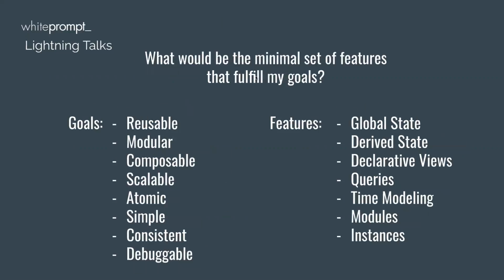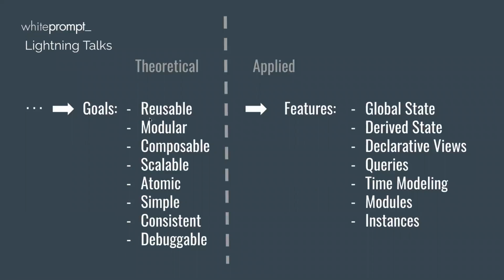And a valid question would be, what would be the minimal set of features that fulfill these goals? These goals are non-negotiable to me. If you present an architecture to me, it should at least do this. But this, that is the applied part, it is negotiable.